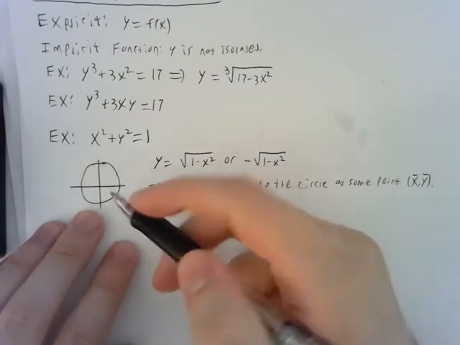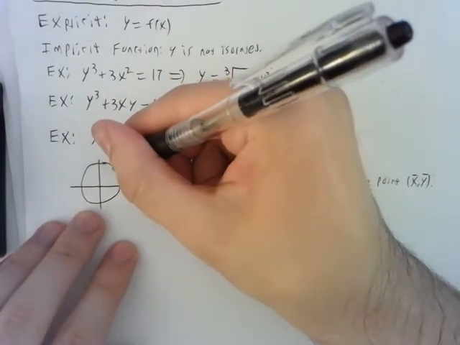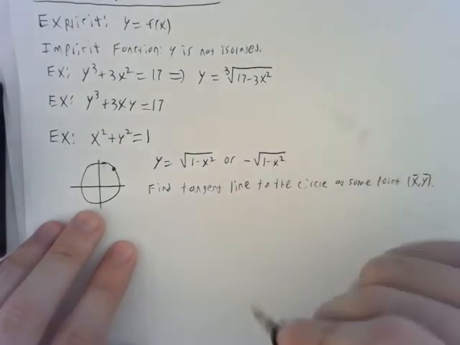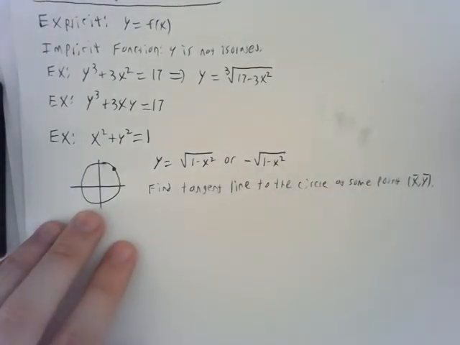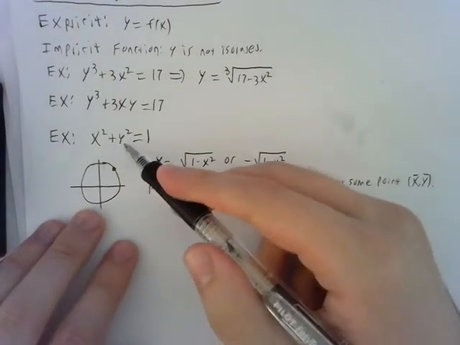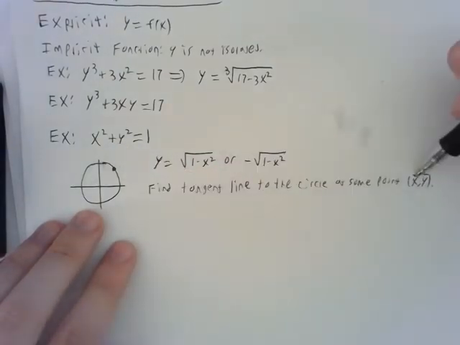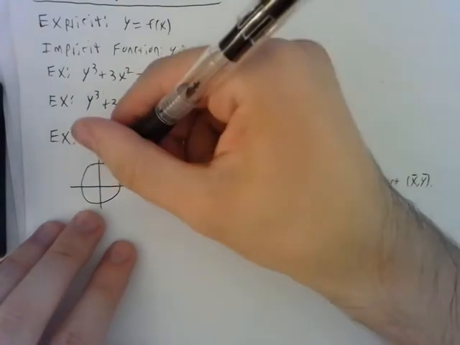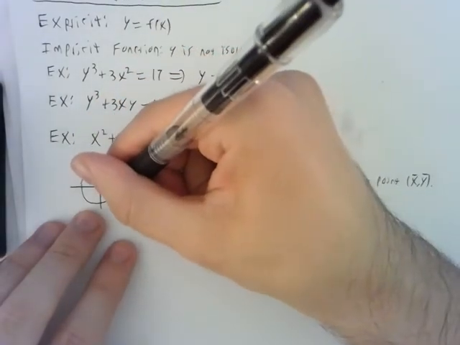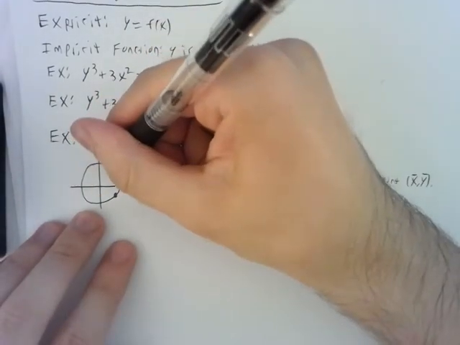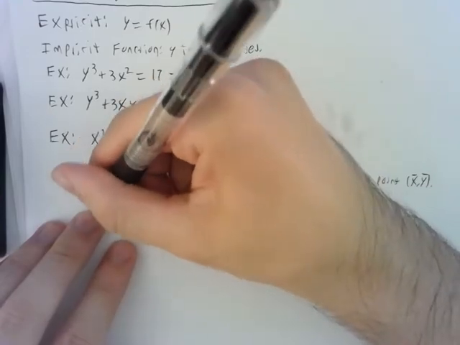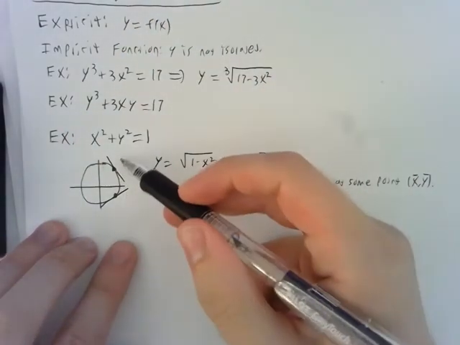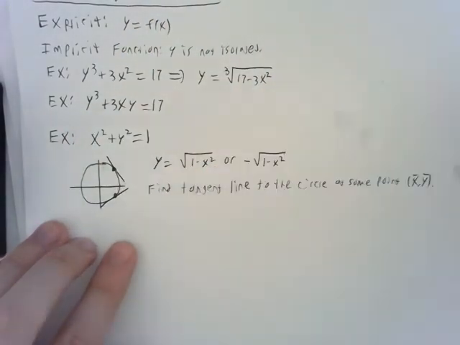When we were finding tangent lines before, I just gave you an x coordinate, and then you could find the tangent line by figuring out the corresponding y coordinate. Here I have to give you both an x and a y, because for any x coordinate there are two possible y values. This thing is not a function. So in order to know which tangent line we're talking about, I need to give you both values.